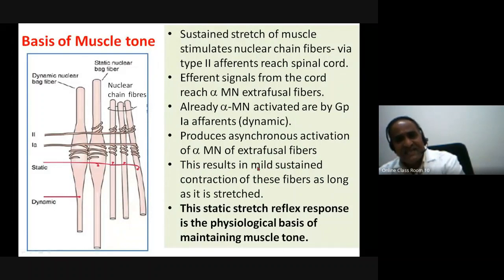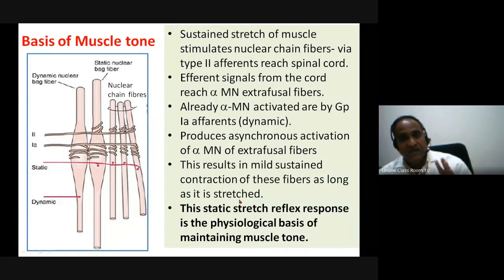This results in a mild sustained contraction, because this is the first one to arrive. The group 1A afferent is the first one to arrive, and over that the second, the group 2 afferents, are coming up. So that results in a mild sustained state of activity, and that produces the contraction of these extrafusal fibers. As long as they are stretched in the body, they are continuously stretched.